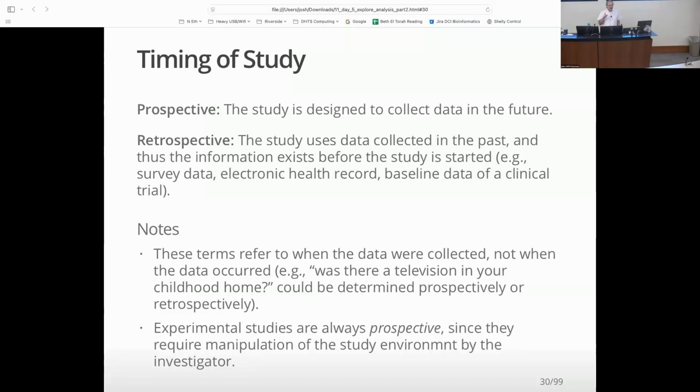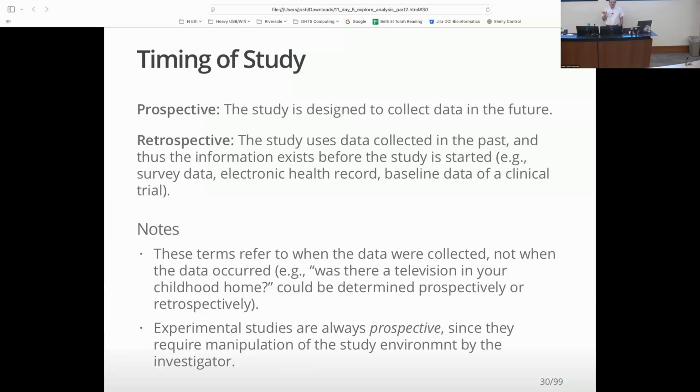Something to keep in mind, because this can be confusing: number one, experimental studies are always prospective since they require the manipulation of the study environment. You're always planning the study with that manipulation, and then collecting the data as a result of that manipulation.